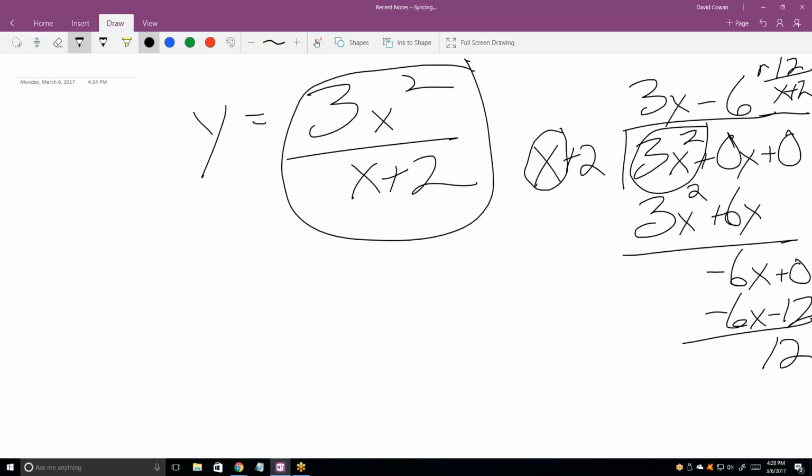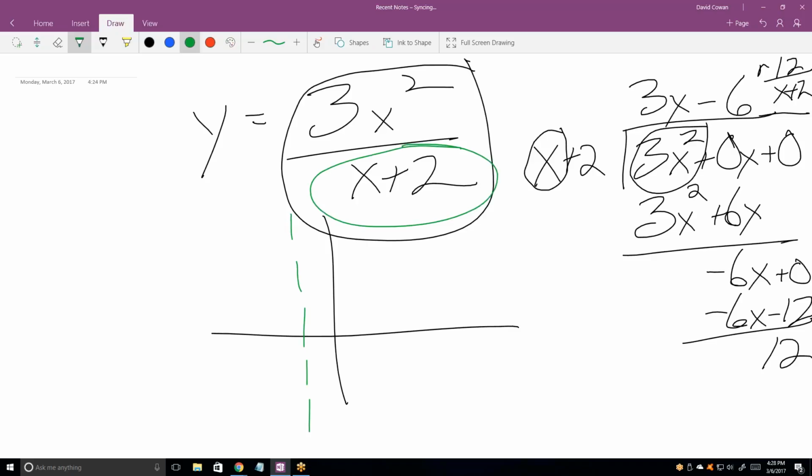If I want to graph this thing, where's my vertical asymptote? -2? Or would it be at 0? No, the vertical asymptote comes from whatever makes that 0, which is -2 for x. In other words, the one value that x can never have is -2.